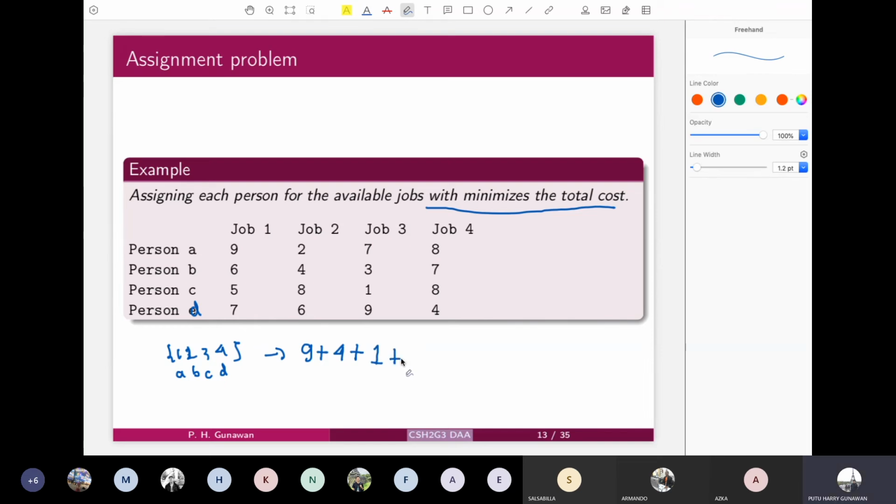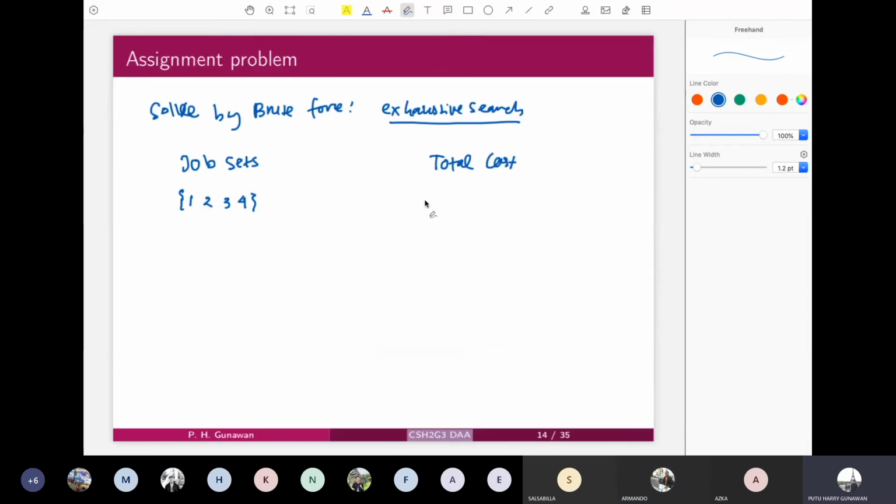And D is job 4, this is 4. And it is equal to 9, 4, 1, 4, 18. Yes, this should be 18. So this should be 9 plus 4 plus 1 plus 4. It should be 19, sorry, 18, right?